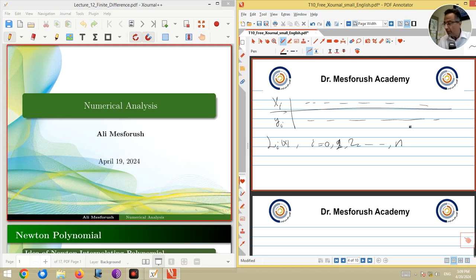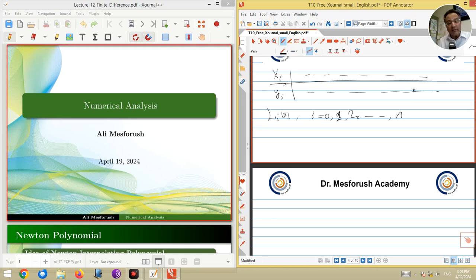And the other one was that suppose you have computed the Lagrange interpolating polynomial for, for example, 3 points, and you want to add one more point. Suppose you have something like this, for example, (1, 8), (2, 5), and (3, -1), or (4, -1).